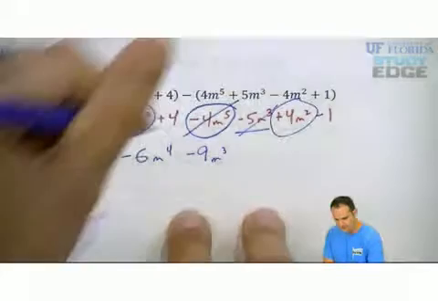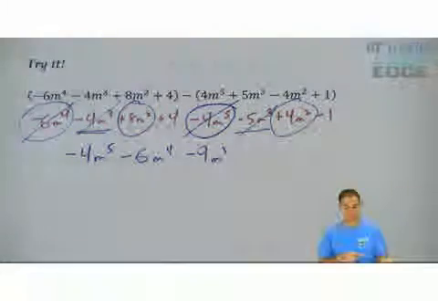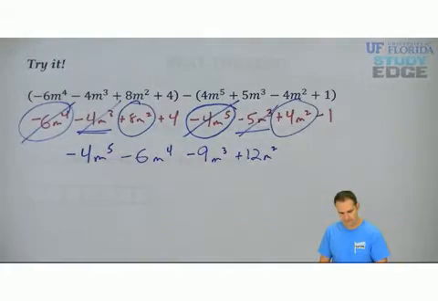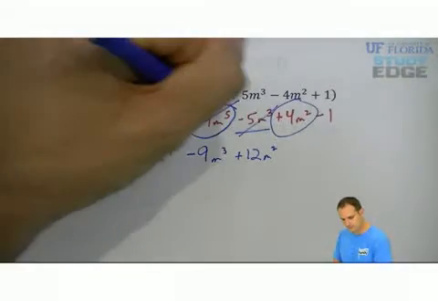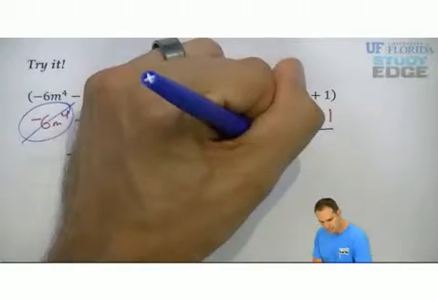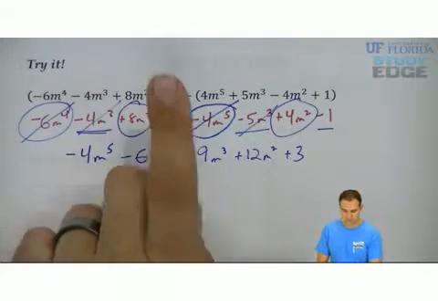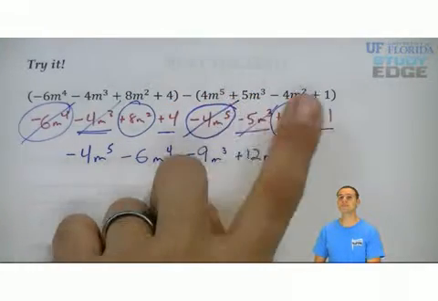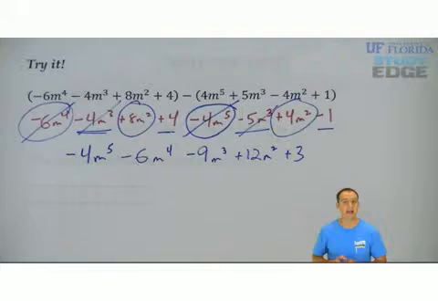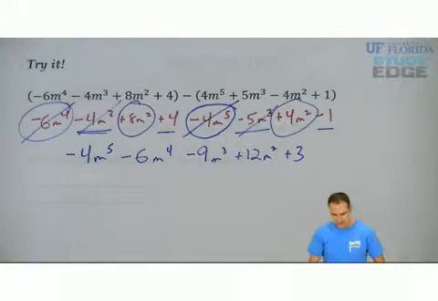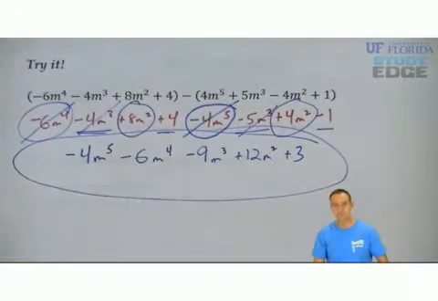In that case, I can combine those. 8 plus 4 will give you 12m to the second power. And then I have 4 minus 1 plus 3. So again, when you're subtracting, change all the signs in the second set of parentheses and then combine like terms. You're going to go in descending order, from highest power to lowest power. And this would be your final answer.